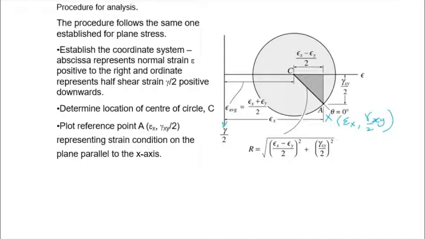Okay, and that line is the location of our primary direction, which is X. If we have these 2 points, we can then just extend that line to get point B or point Y. And the coordinate for Y is strain Y and gamma XY over 2, but it is negative because it is clockwise rotation of the sides.